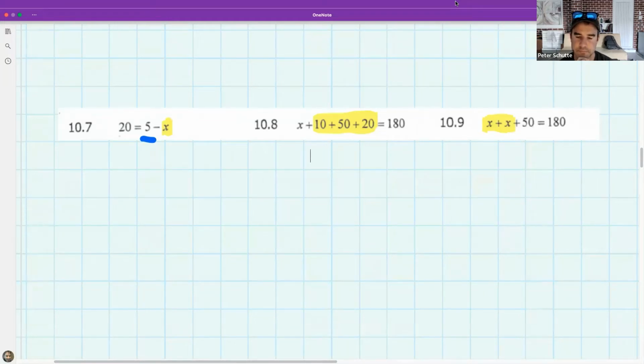Okay, so his answer was 25, but he's just double checking for 10.7. You can double check. I'm going to go through 10.7 now because it's actually a little bit sneaky, but if you follow the rules, you will get there.